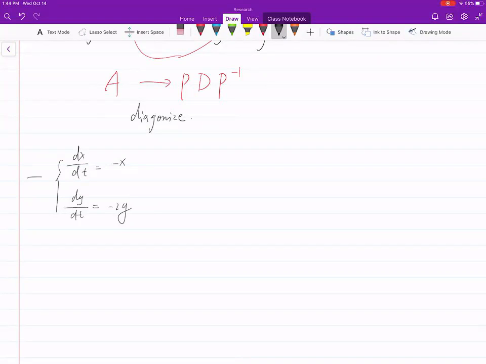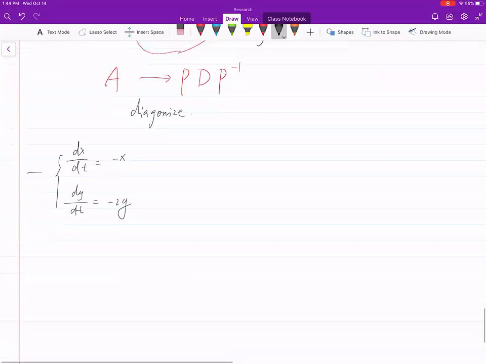This one is a decoupled system. My question is, is there an equilibrium?